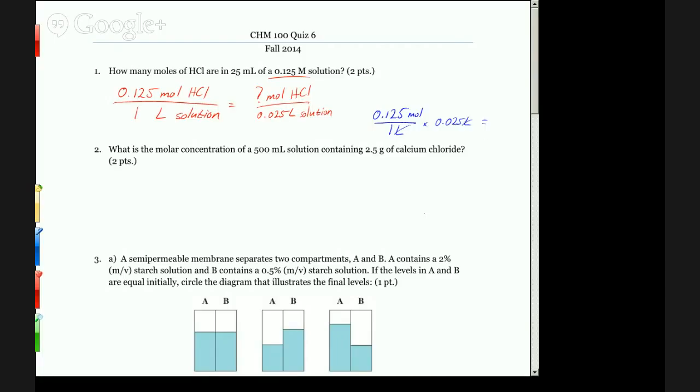I don't know what that comes out to. 0.125 times 0.025 is, either way you do it, 0.00312 moles of HCl, or 3.125 times 10 to the minus 3 moles.